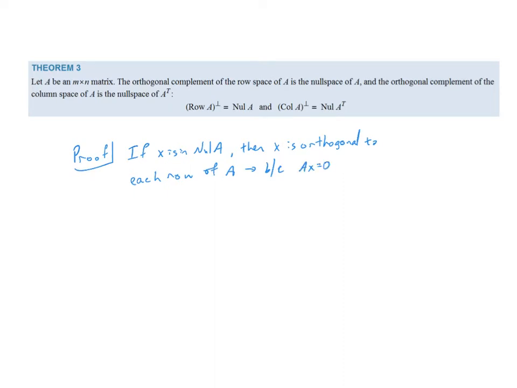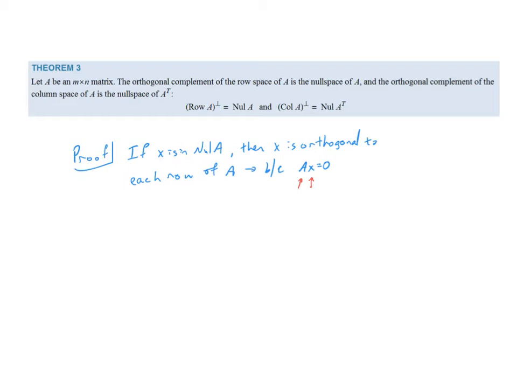The null space is the solutions to Ax = 0. Those are the vectors in the null space. And how do you multiply A times x? Row by column. So if x is a column vector, then each row of A times that column equals 0. That's the definition of orthogonal. The dot product is 0. When you multiply them, you get 0. So those are orthogonal to each other.